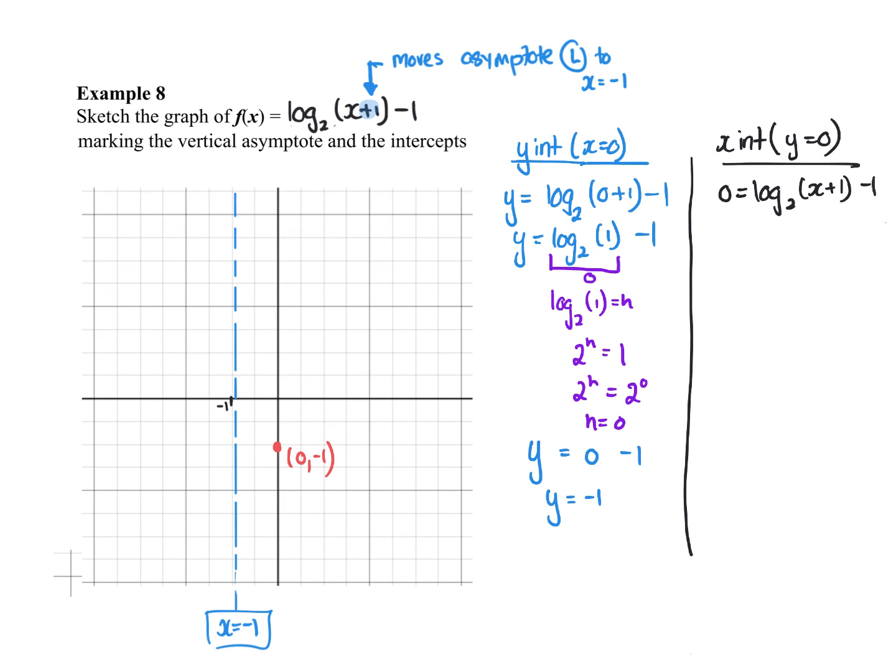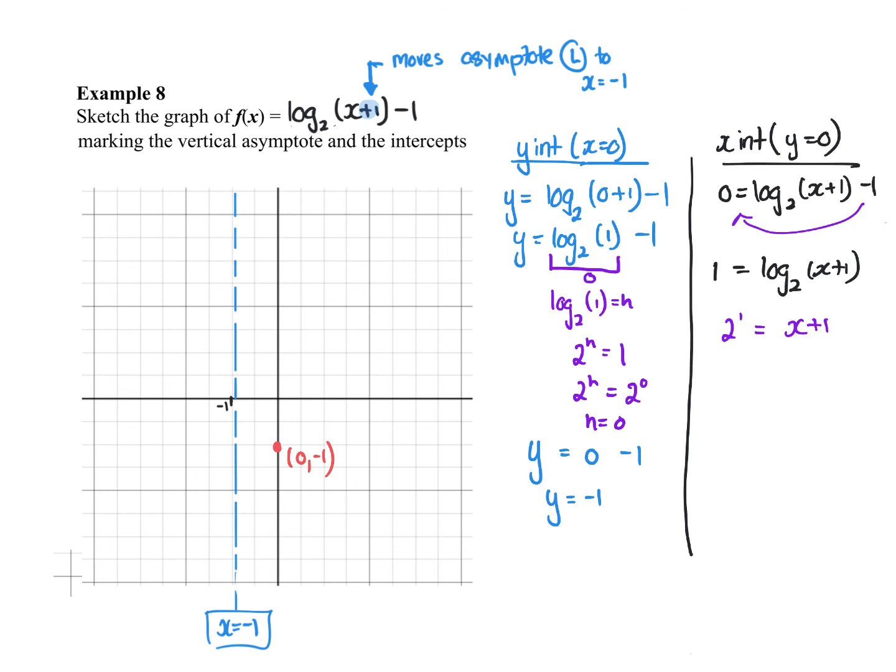If I move this -1 over the equal sign, I would end up with 1 equals log 2 of x plus 1, yeah? And remember, like what we did here with the flicking around, I could say 2 to the power of 1 equals x plus 1, can't I? Remember, that's how you can flick it around, yes?